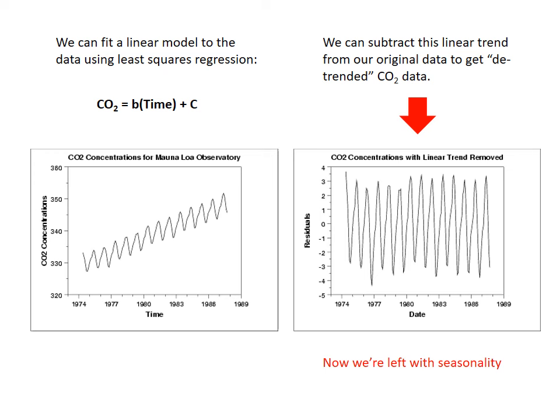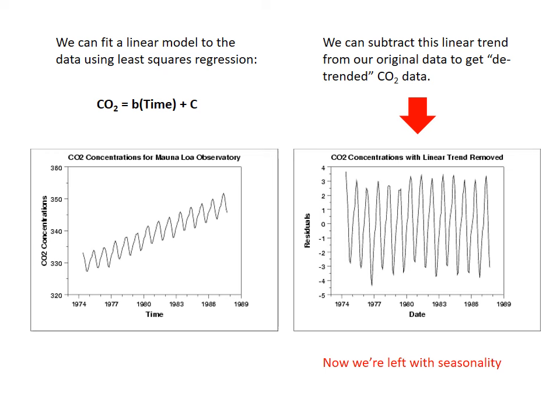That means that given any time and the constant, which is probably the initial CO2 concentration, we can estimate the concentration of CO2 in the atmosphere in any year, right?